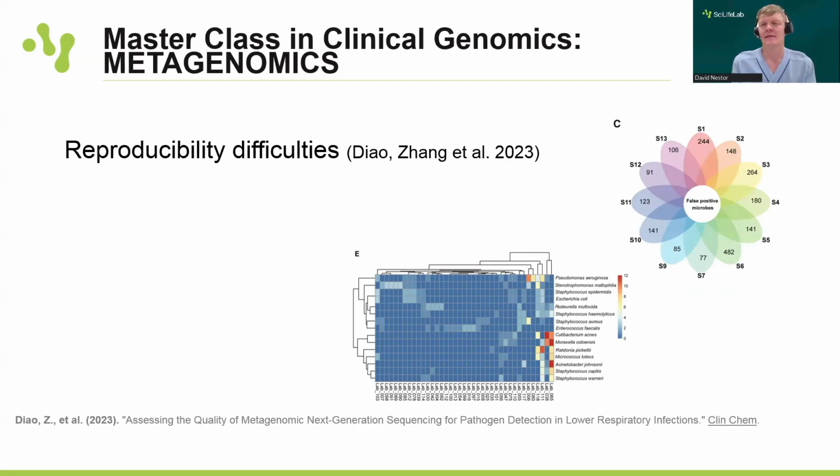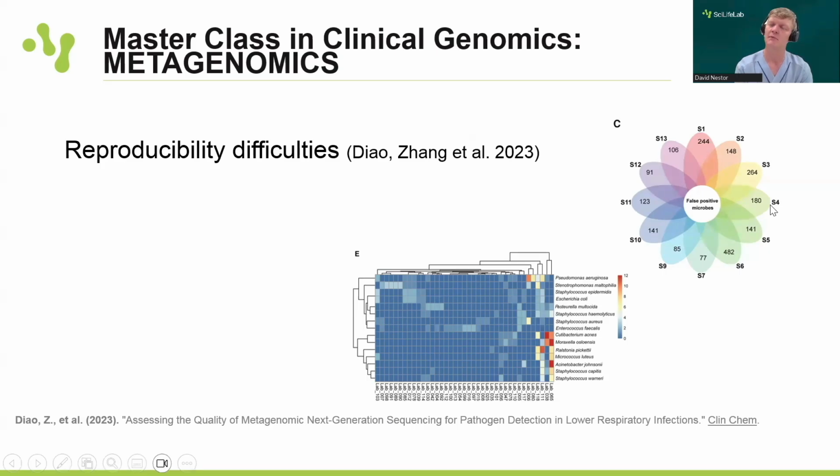And they sent these samples to, I think it was 120 laboratories performing metagenomics, and then they gathered all the results. And looking at this figure C, you see that all these S1, S2, S3, S4 are the different samples. And the number here is the number of false positive microbes reported by the laboratories.